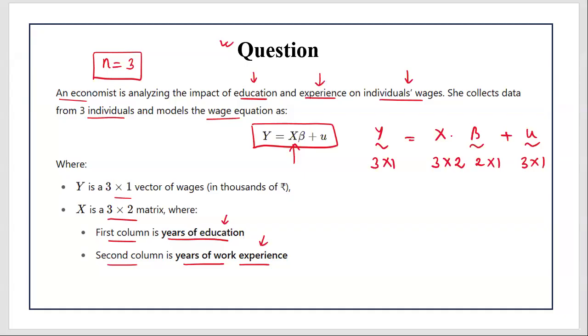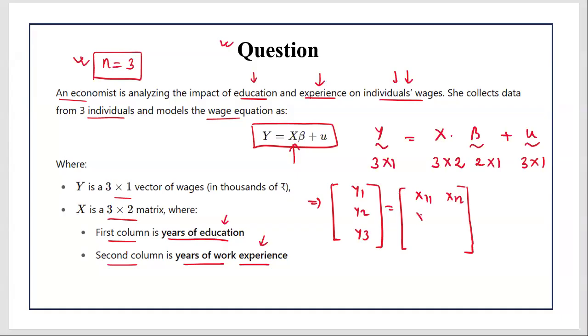So basically, if you write this in the matrix form, this will look like this: y1, y2, y3. So this is basically the individual wages of these three persons that you are taking into account. And here you will have the design matrix of 3 cross 2. So here you will have x11, x12, x21, x22, and x31, x32.